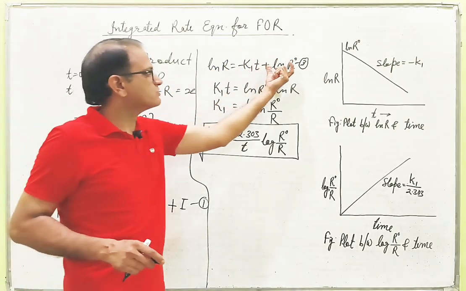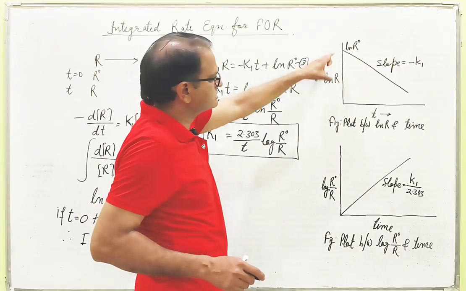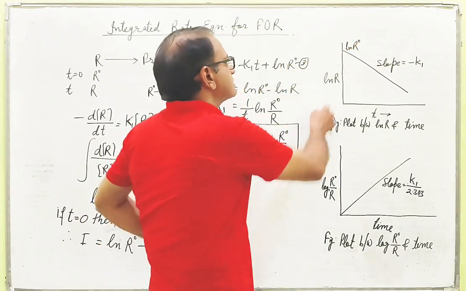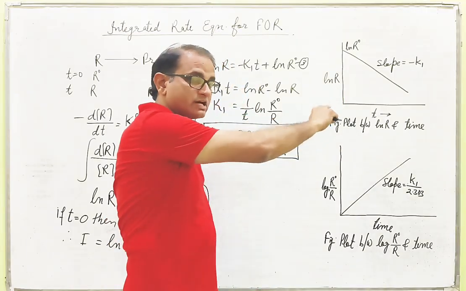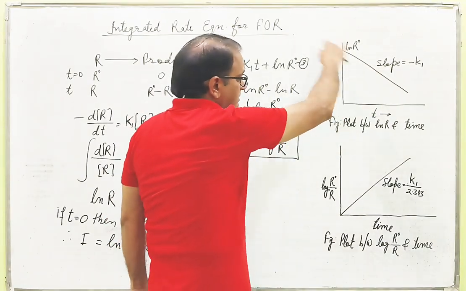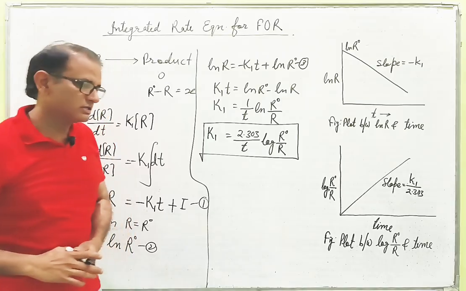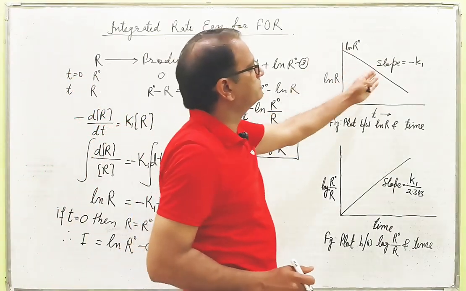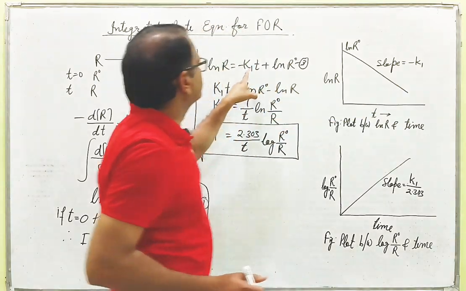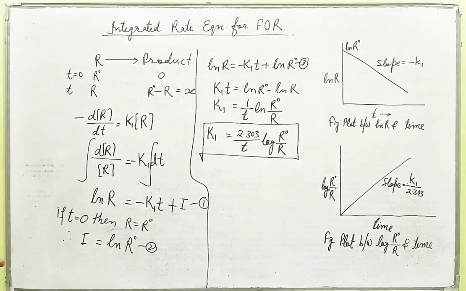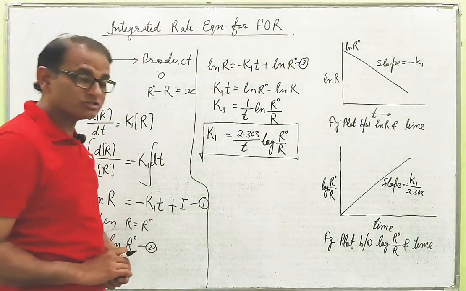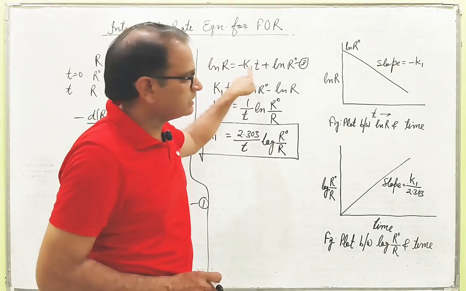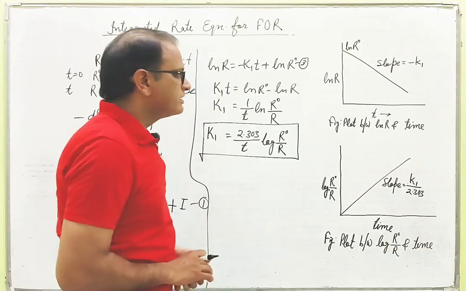The intercept is log natural R naught, because the concentration of reactant will decrease with time. That is why the graph will come as a negative slope, and the slope of that graph will be equal to minus k1. Slope will be equal to that m constant. So since it is a negative slope, that is why slope is minus k1.